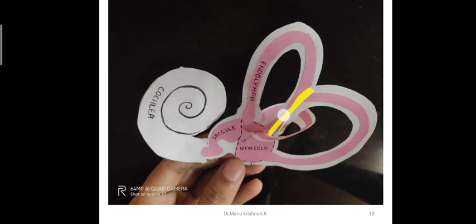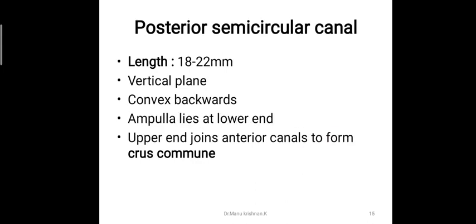This is called the crus commune, which is the joining of the anterior or superior semicircular canal with the posterior semicircular canal. The posterior semicircular canal is 18 to 22 millimeter in length, lies in a vertical plane, and is convex backwards, and the ampulla lies at the lower end. You know about the crus commune already, the joining of the anterior and posterior semicircular canals.